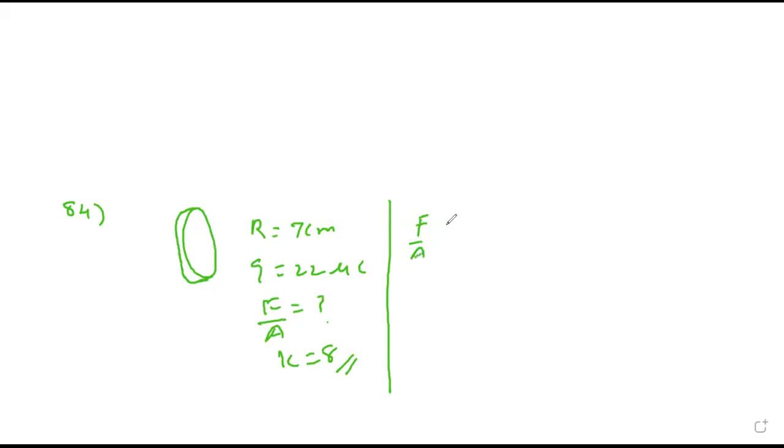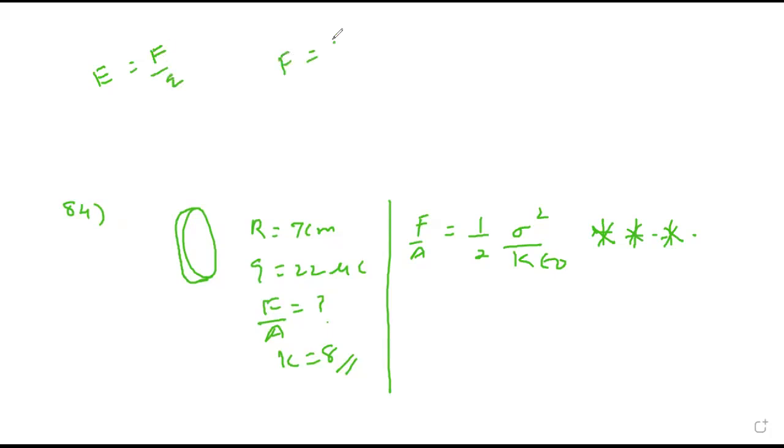Force per unit area is half sigma square upon K epsilon naught. This formula you have to remember. See how it comes. Intensity is force upon charge.